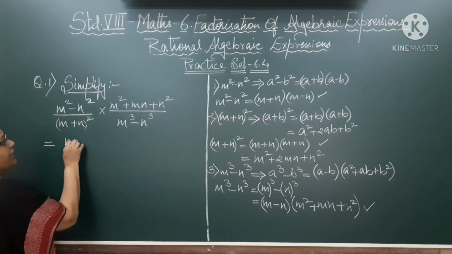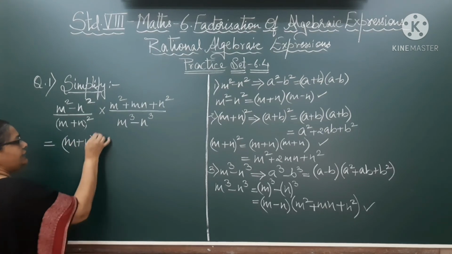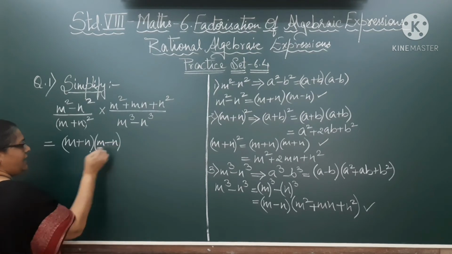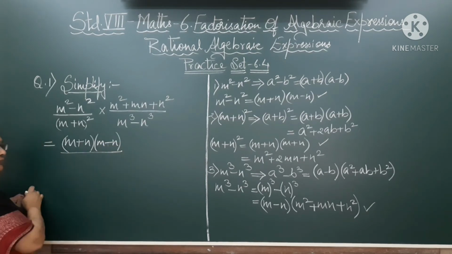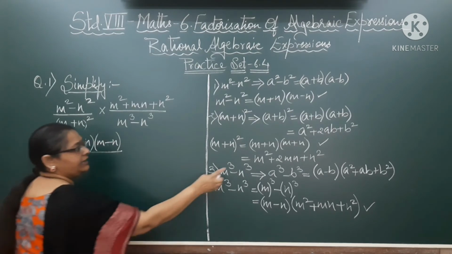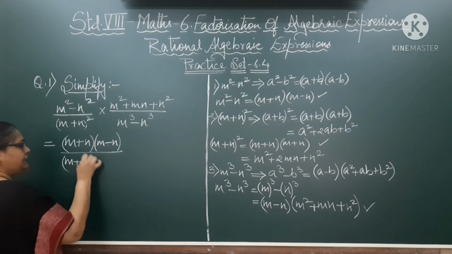Write the factors of m square minus n square as m plus n into m minus n upon m plus n the whole square, so m plus n into m plus n.